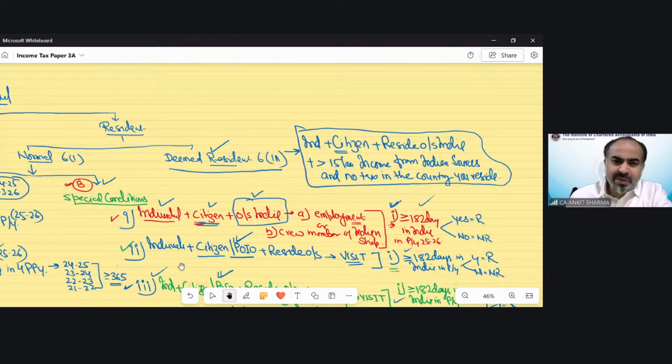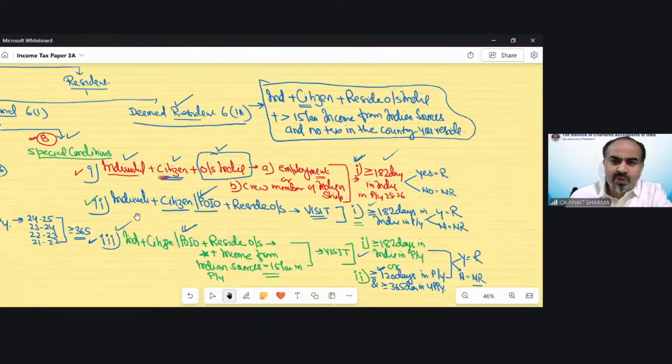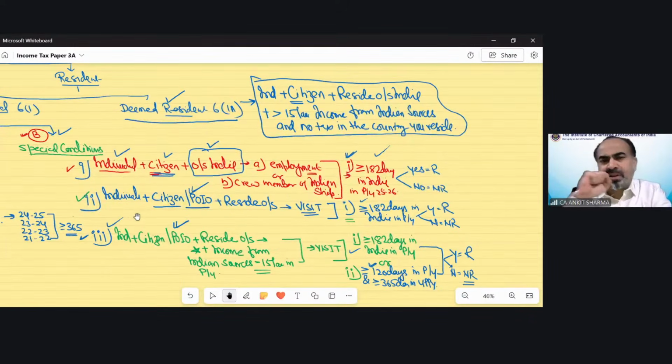Now, can you find out the two differences between the condition of the third point of category B and the deemed resident case? And there is nothing else to check. He will automatically be called a deemed resident. The 182 days and 120 days conditions need not be checked.